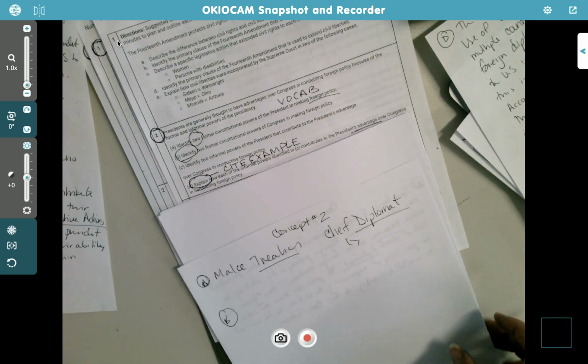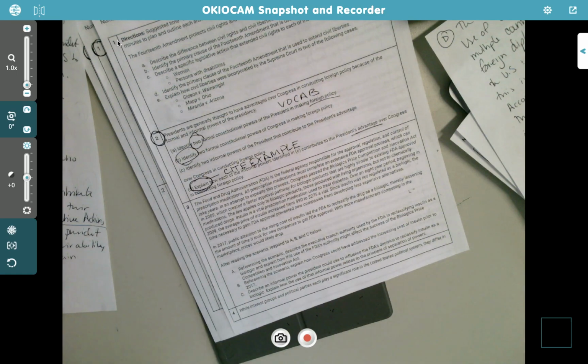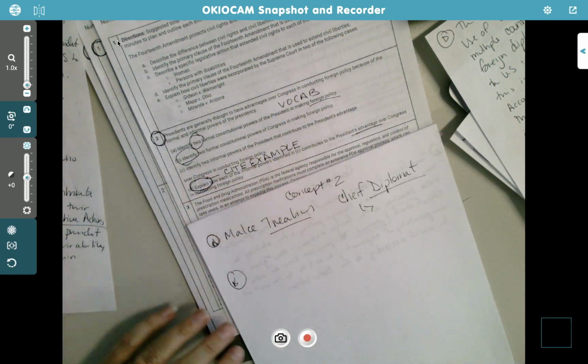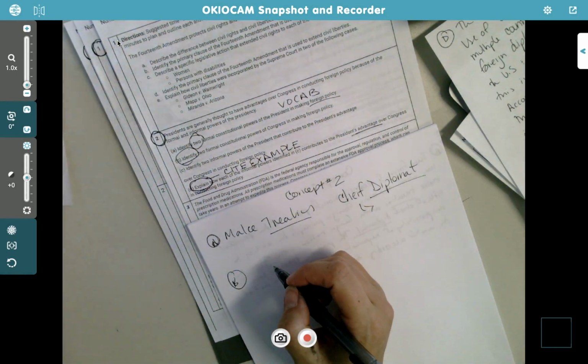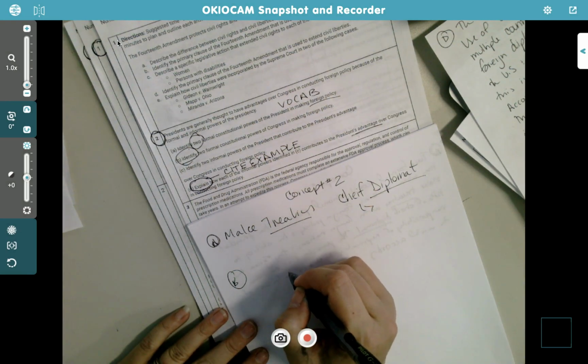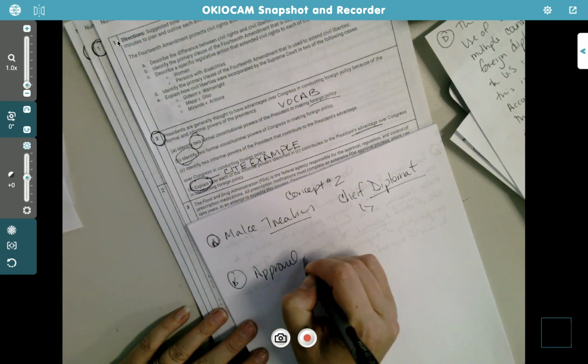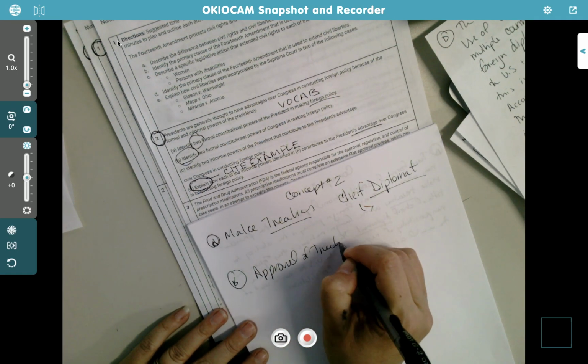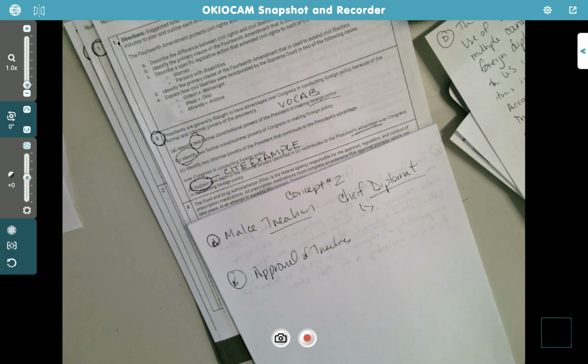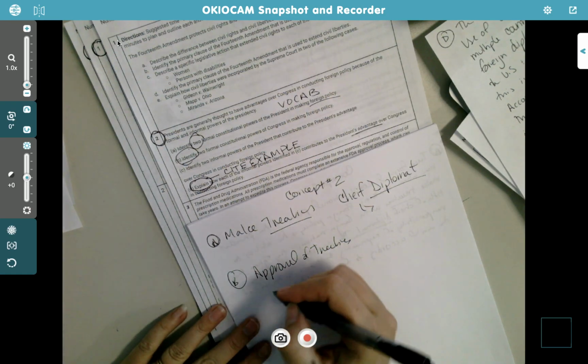All right, what are two constitutional powers of Congress? What do we got? Approval of treaties is a good one. Perfect. What else is another one? They can approve ambassadors to the president.